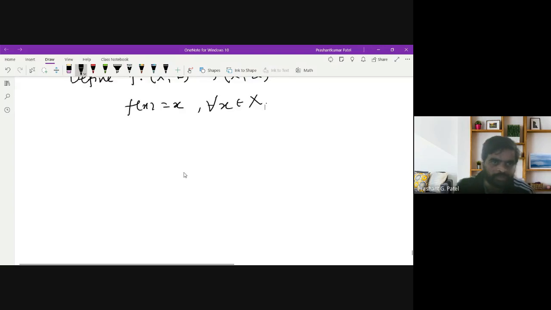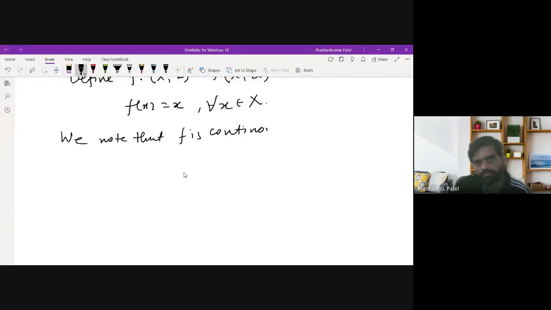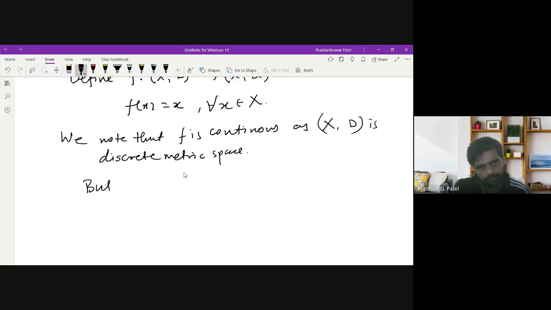We note that f is continuous as (X, D) is a discrete metric space, and (X, D) is also complete.